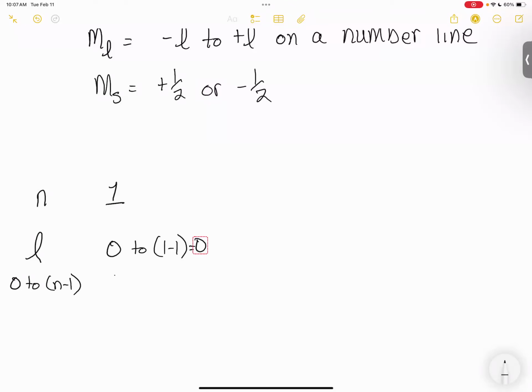Therefore, the only option for l is 0. Now, folks, if you go back to what I said about l, that means that this is the first shell.